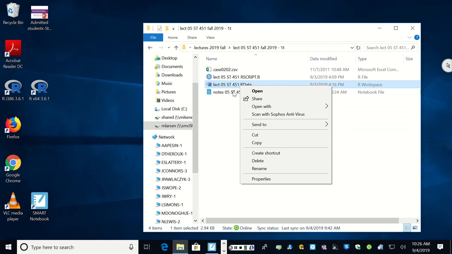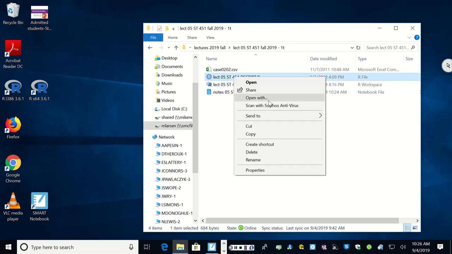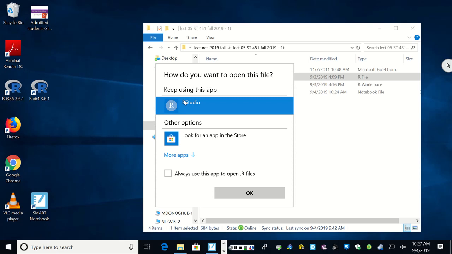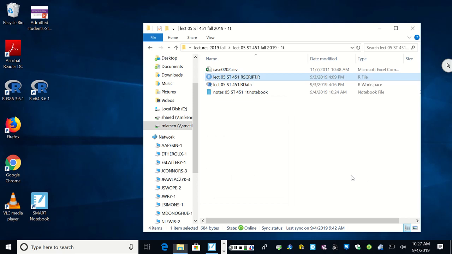Then once RStudio is going, you can open this with, and it doesn't seem to have an automatic link here, but it does find RStudio. If you needed to look for more applications, you could probably find RStudio. And it will load it into the same session of RStudio. So once you have those two things downloaded.